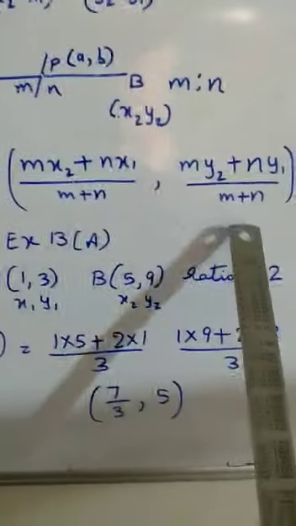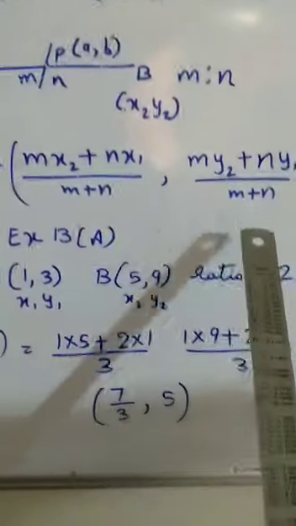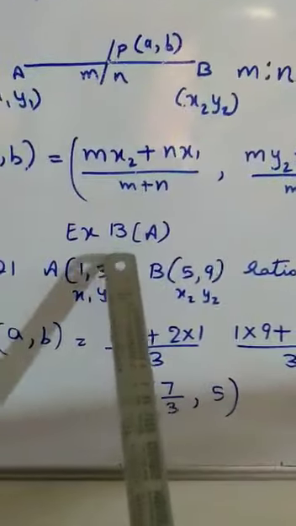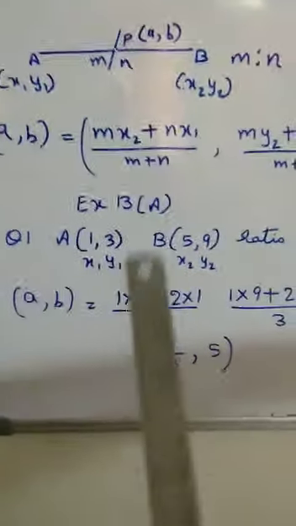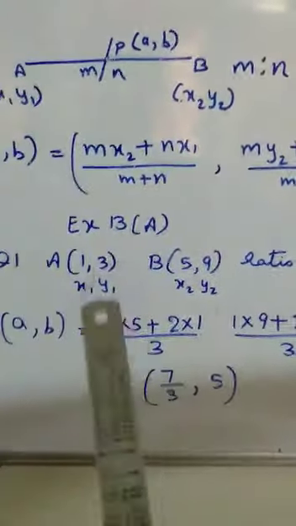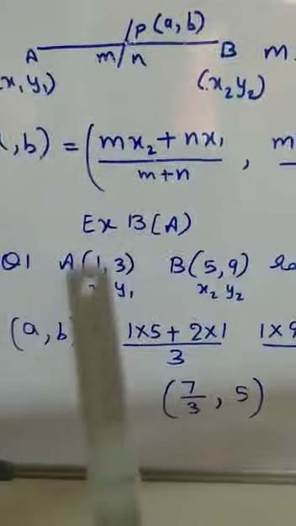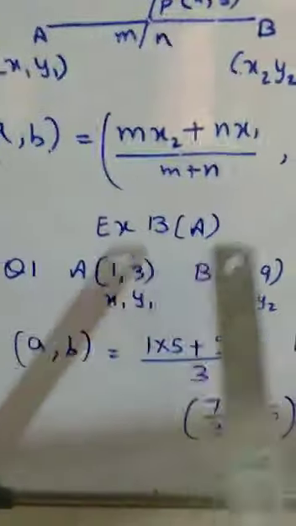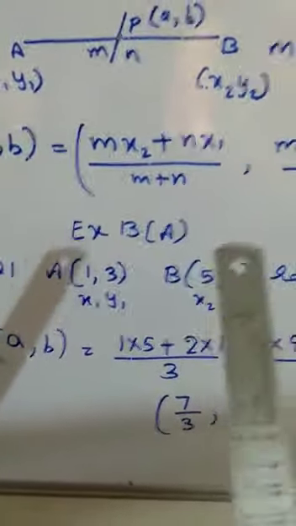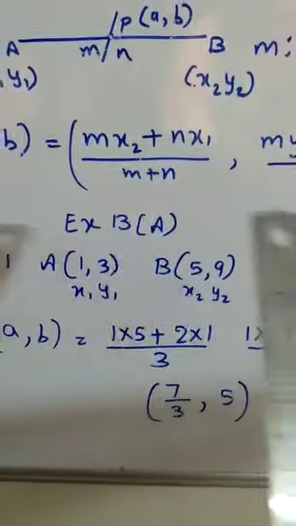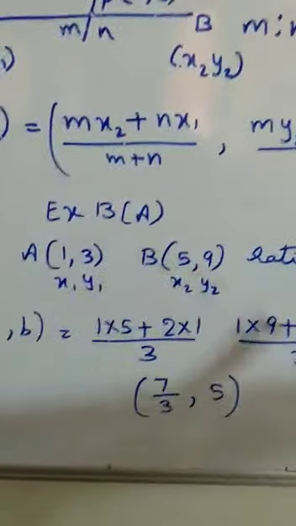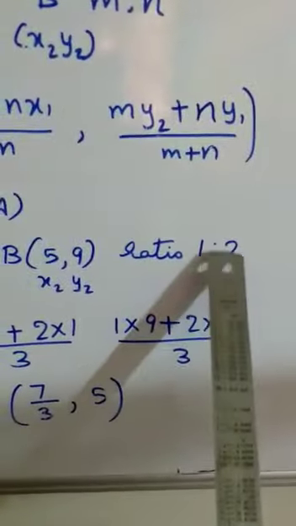After you copy this formula, learn it first and then start with exercise 13a. Let me read from exercise 13a. I am doing all the odd sums. What does the first question say? Calculate the coordinates of the point P which divides the line segment joining A and B in the ratio 1:2.